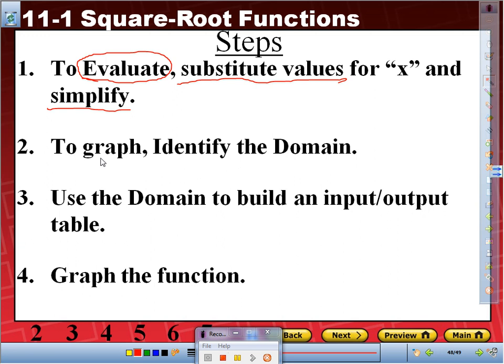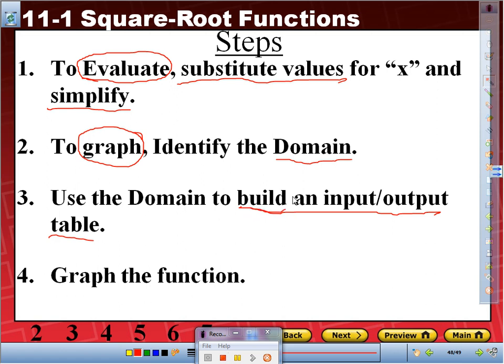Step 2, to graph. The very first thing we need to do, identify the domain. I'm going to show you how to do that. To graph, identify the domain. That's step 1. From there, we use the domain to build an input-output table.